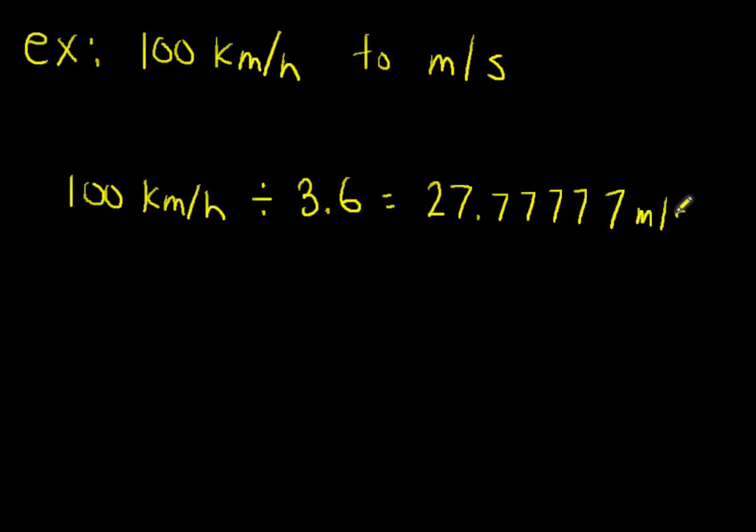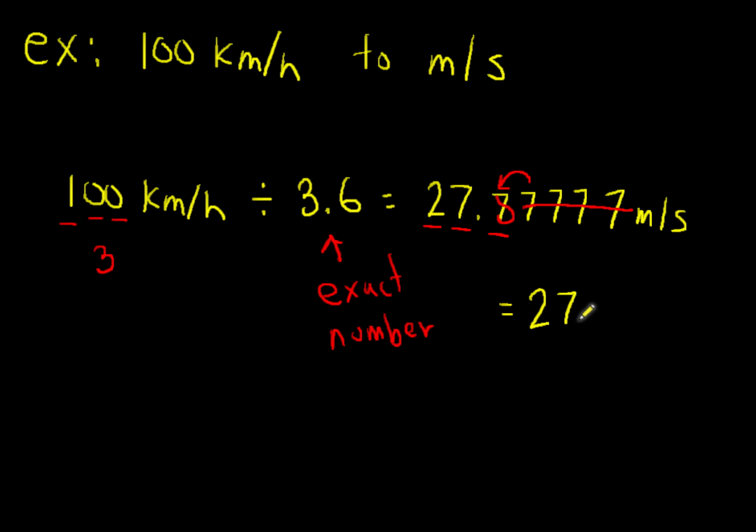Now, this is not in the correct significant digits, so next we have to do significant digits. 100 has 3 significant digits, and 3.6 is an exact number, so don't count it towards the significant digits. Our answer must have 3 significant digits. We round the 7 up to 8. So 100 kilometers per hour is 27.8 meters per second.